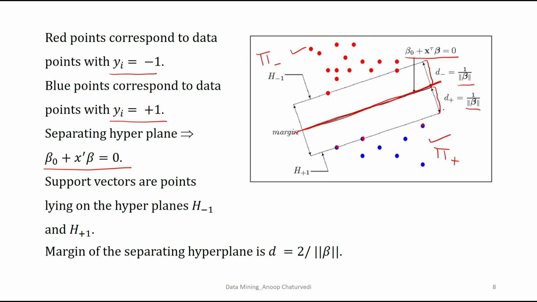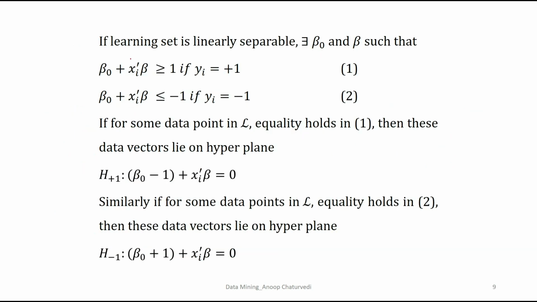corresponding to two classes. Now, if the learning set is linearly separable, there exist beta naught and beta such that beta naught plus xi transpose beta is greater than or equal to 1 if yi equal to plus 1, and beta naught plus xi transpose beta is less than or equal to minus 1 if yi is equal to minus 1.